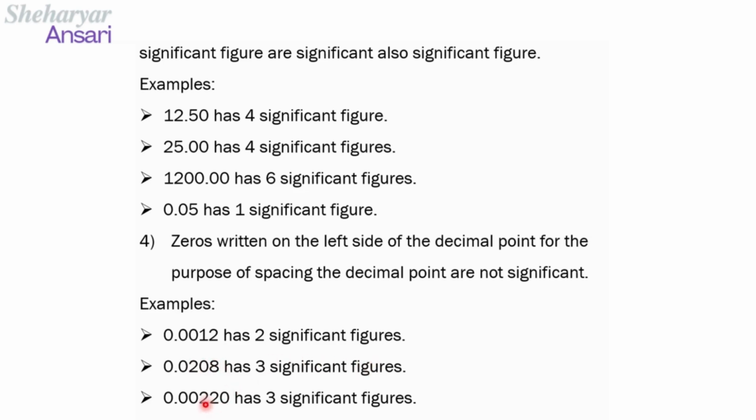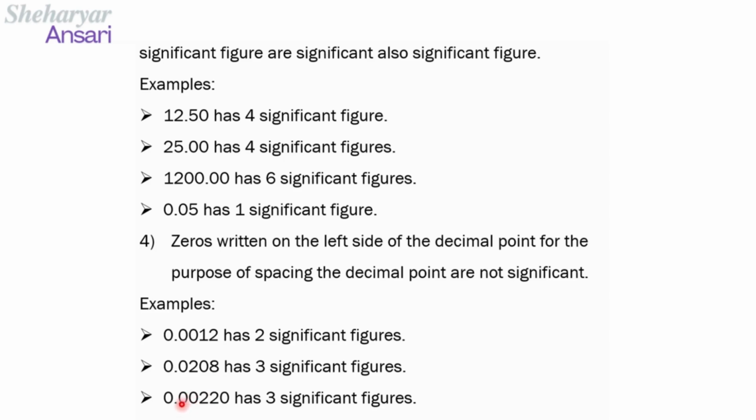In this example, the 2s are non-zero digits, that's why they are significant figures. And what about this 0? According to rule number 3, this 0 comes after the decimal and also after a significant figure. But you can ask me, sir, there are 0s that come after the decimal but they are not significant figures.